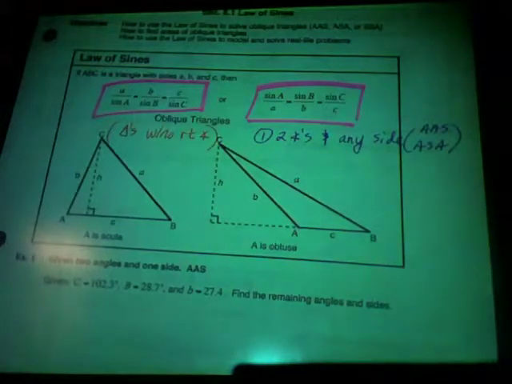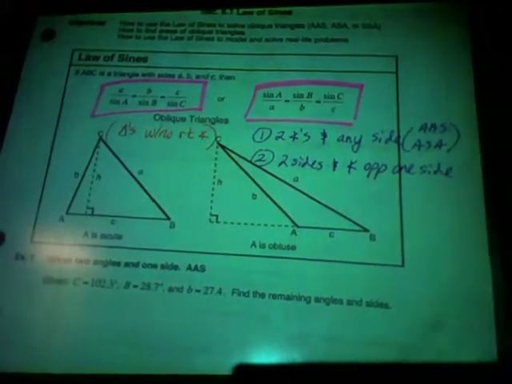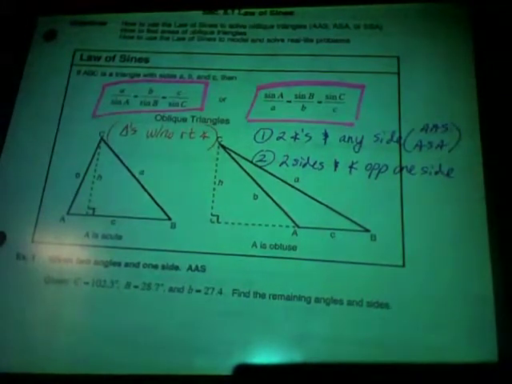Doesn't matter which. Or, situation 2, you could have 2 sides, and you must have the angle opposite one of the sides that you have. So you have 2 sides. You must have the angle opposite.